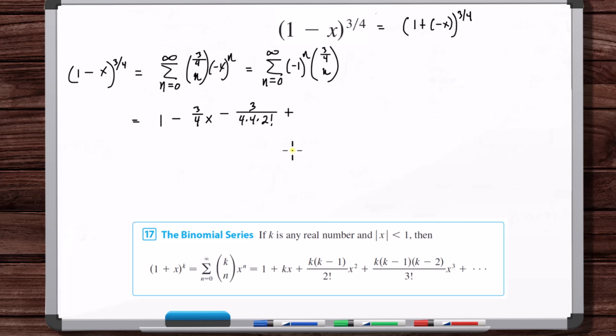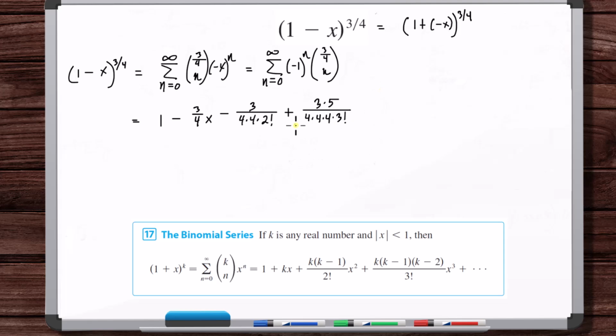You've got 3/4 times minus 1/4 times 3/4 minus 2. This is minus 5/4. So, okay, 4 times 4 times 4 times 3 factorial, and then 3 times 5.